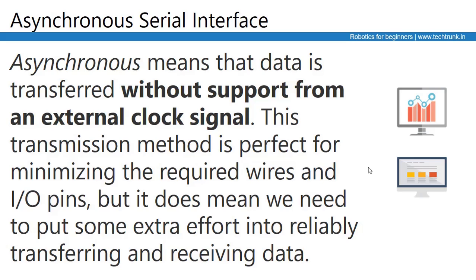But here it also means that we need to put in some extra effort or some extra rules into reliably transferring and receiving data. For that we use a technique called baud rate, which we'll be discussing in the coming slides. So in our case we are going to use the asynchronous serial interface for this course.